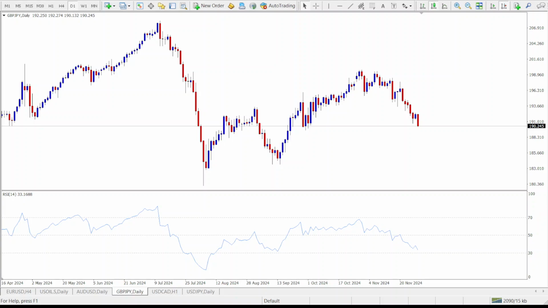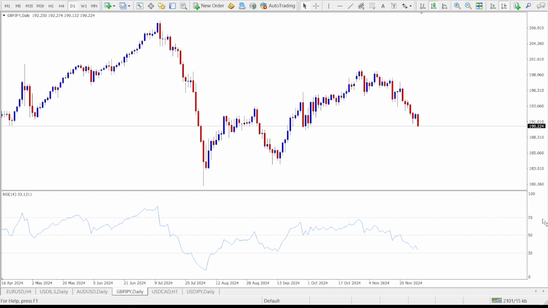Before we dive into the RSI reversal strategy, let's quickly review what the RSI is. It's a momentum oscillator that measures the speed and change of price movements and is plotted on a scale of 0 to 100. The general rule of thumb is that an RSI above 70 is considered overbought, and an RSI below 30 is considered oversold.